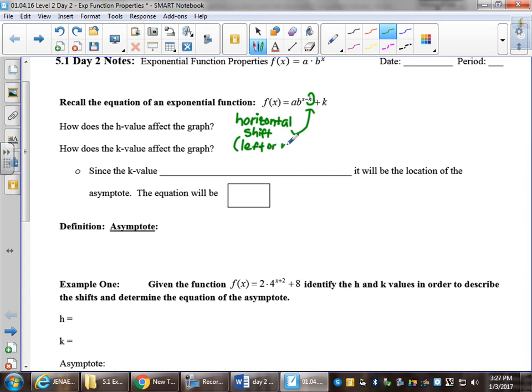Left or right. And then here k is the vertical shift. And by vertical we mean up or down.